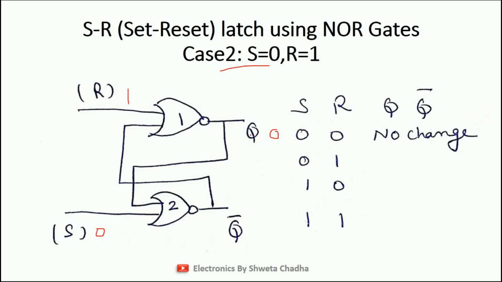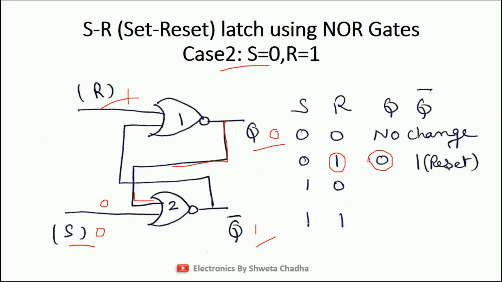But we can drag the signal from the output to here, which is equal to 0. So 0, 0 in the truth table of the NOR gate gives output 1. So when S is equal to 0 and R is equal to 1, the output is 0, 1. That is known as the reset condition. What is reset? When reset is high, the output will become reset.